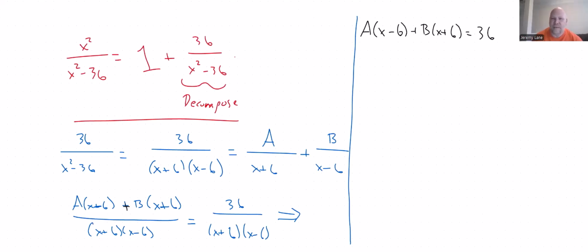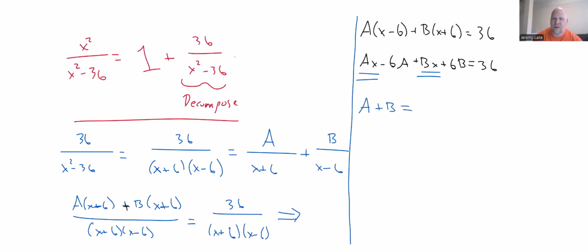So again, going back to systems, we're going to have Ax minus 6A plus Bx plus 6B, and that's going to be equal to 36. So again, we're going to combine our like terms, Ax and Bx. So A plus B is going to be equal to 0.